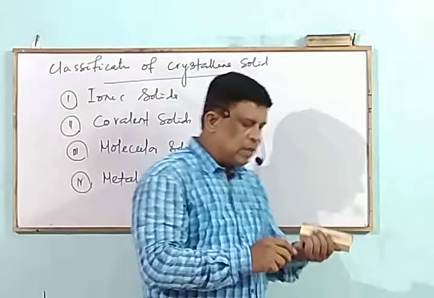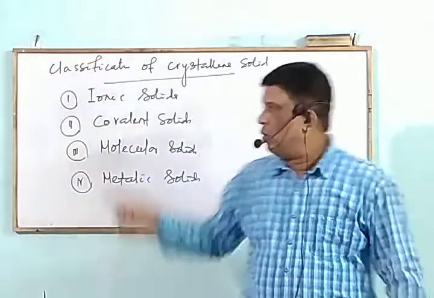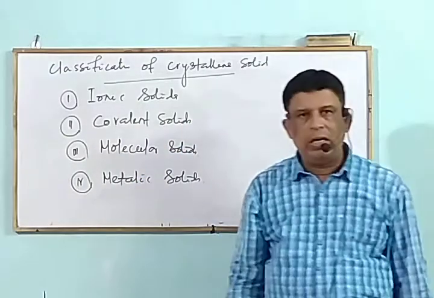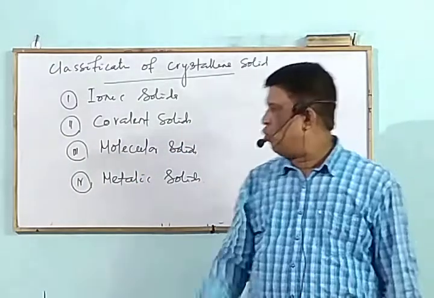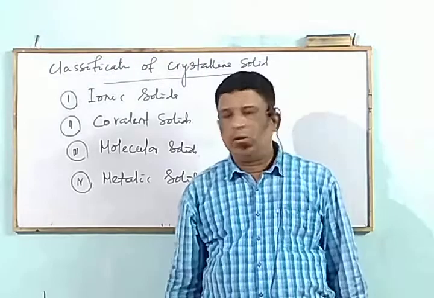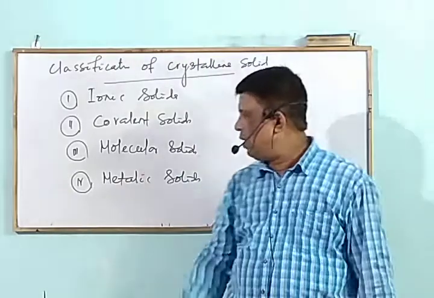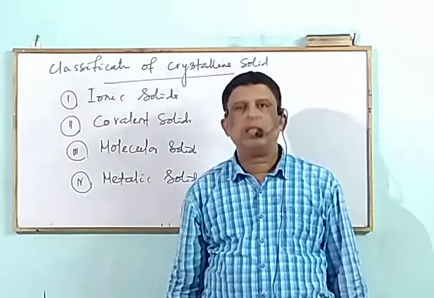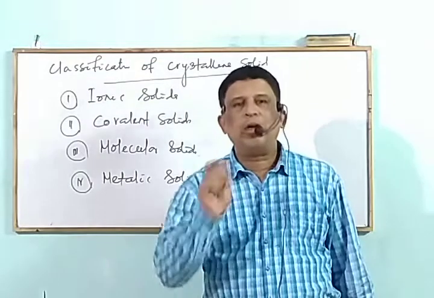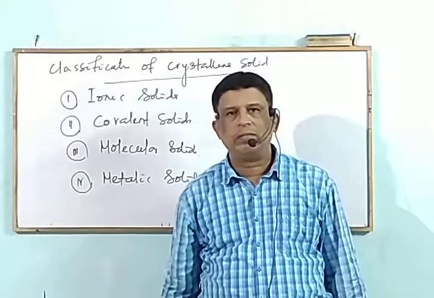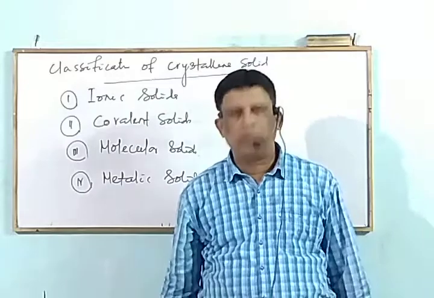Crystalline solids are classified into 4 types: ionic solid, covalent solid, molecular solid, and metallic solid, depending upon the constituent particle and the type of force.